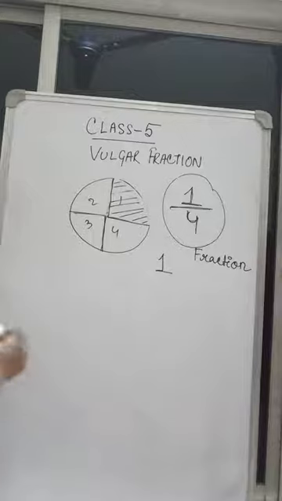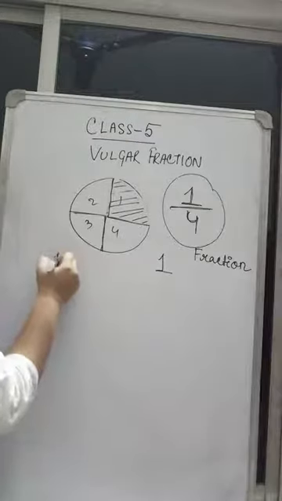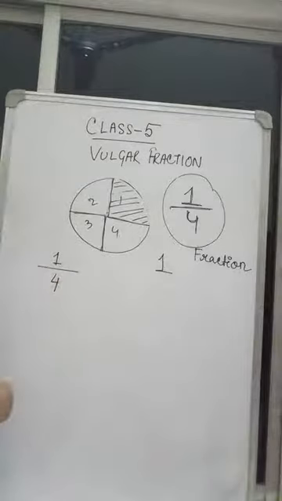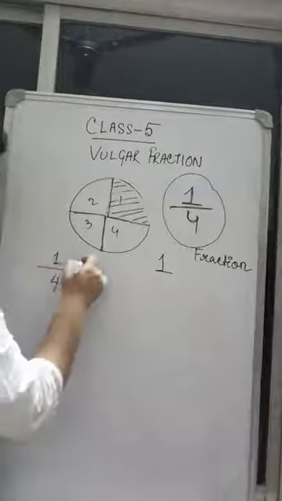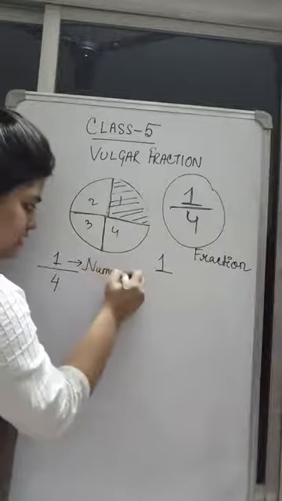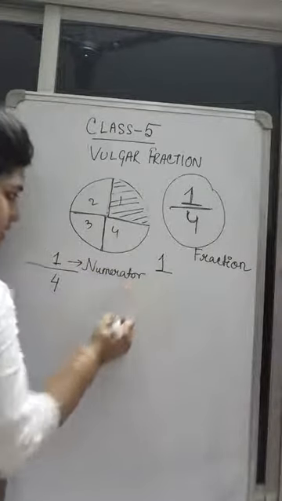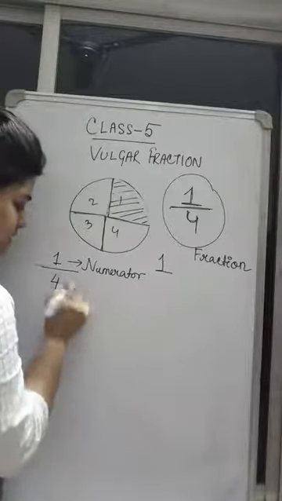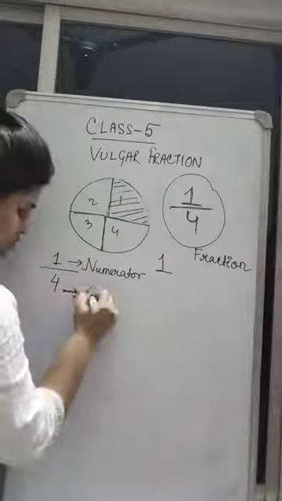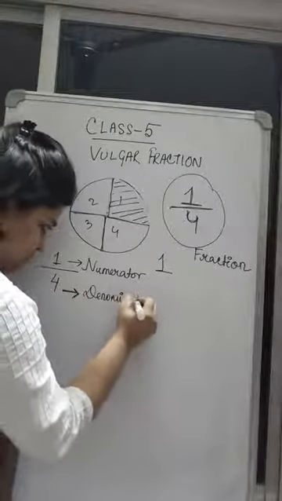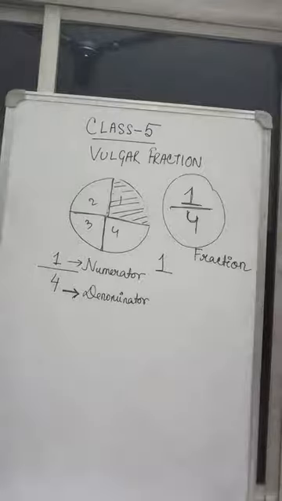Now in every fractional number you will see that on top you have a number and down you have another number. So the number on top is known as the numerator of the fraction, and the number present in the down part is known as the denominator of the fraction.